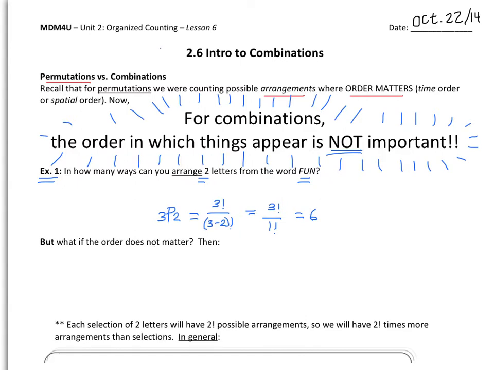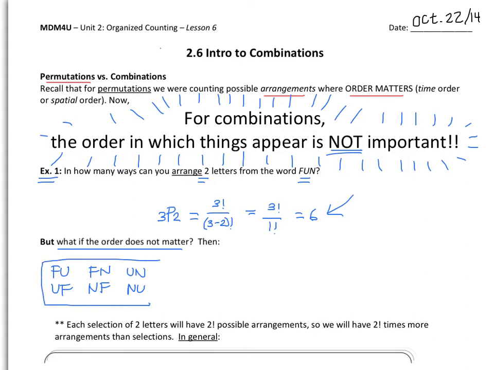Okay, moving on. So, what if the order did not matter for those 2 letters arranged in the word fun? Here I've written out all the possibilities for arrangements of 2 letters from the word fun. As you can see, I have 6 down: FU, UF, FN, NF, UN, and NU.